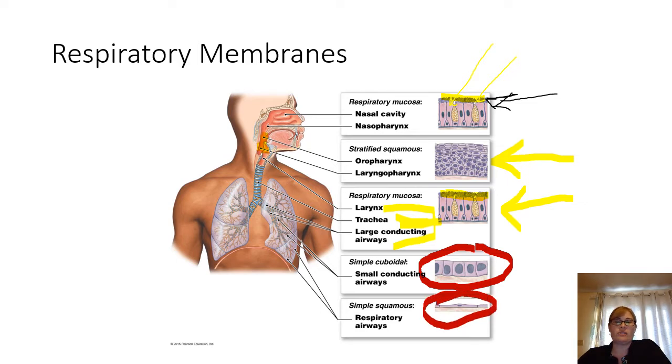Simple squamous is our last stop. That would be our alveoli. But yeah, so it's all epithelial tissue. Epithelial tissue has the ability to regenerate, which is awesome. So if our lungs do have an infection or we have damage to the lung, they can repair themselves to a degree.